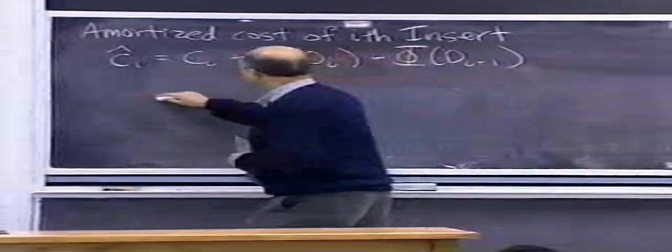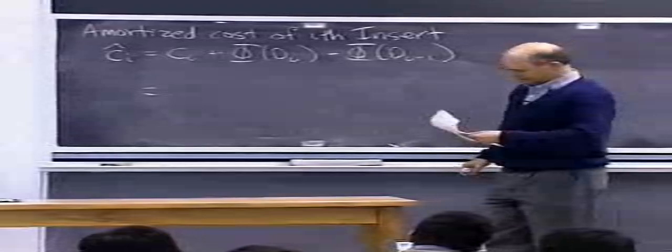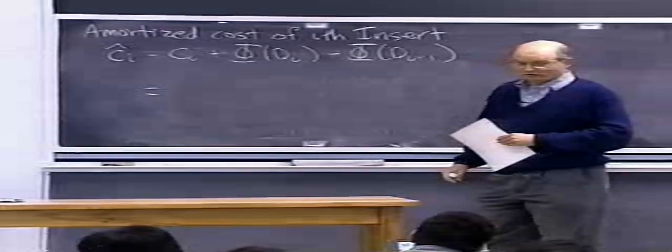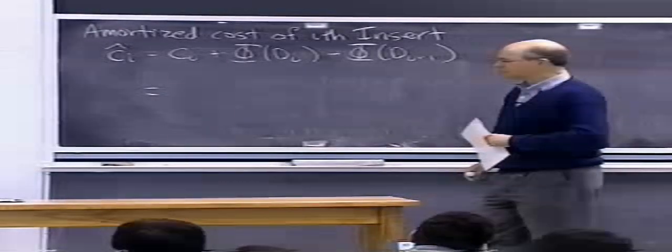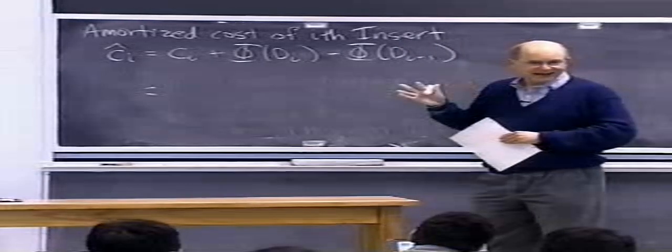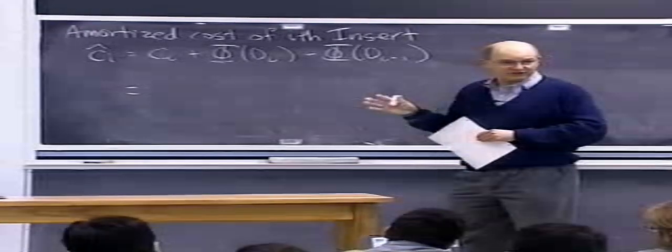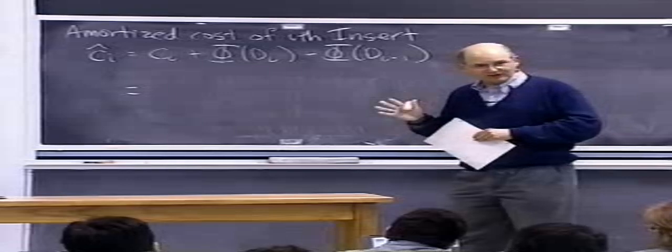And that's equal to, okay, the true costs. Well, the true cost, we know what that is because we had that formula. It costs i if i minus 1 is an exact power of 2, and it costs 1 otherwise.